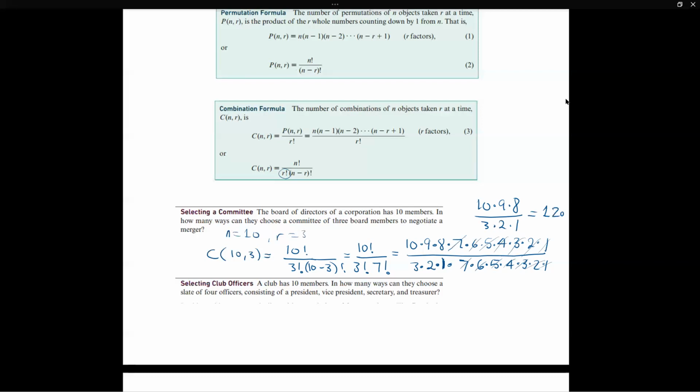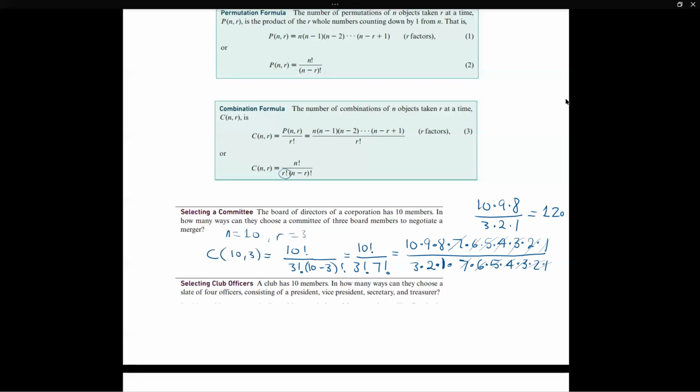So 120 ways of choosing a committee of 3 out of 10. That's too many ways, right? So this is why this is important, just to understand the bigger picture.